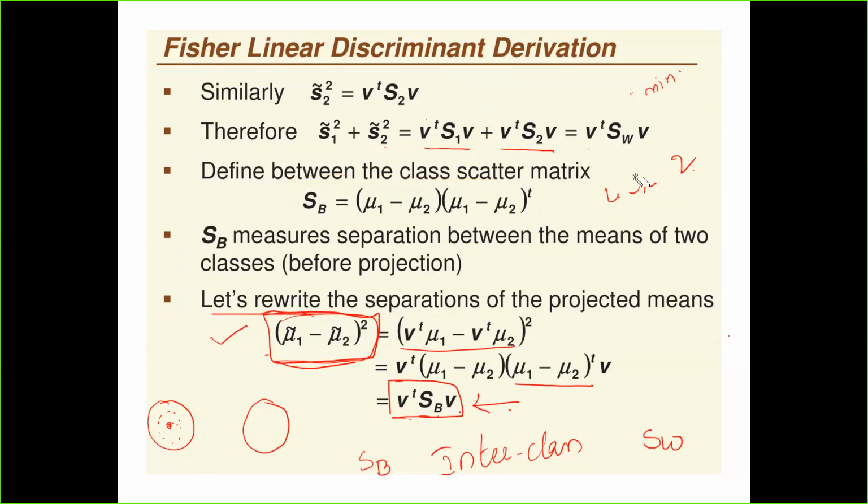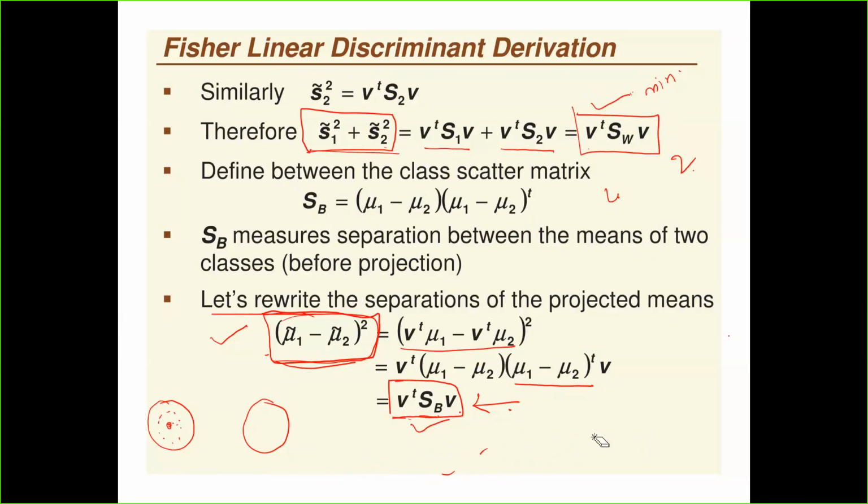And within class scatter also, this is the projected data points within class scatter, and this is the original data points within class scatter. So the relation is that this is equivalent to V transpose SW times V. Have you followed this point? If you take these two, V transpose SWV and V transpose SBV, what do you want to maximize and what do you want to minimize?